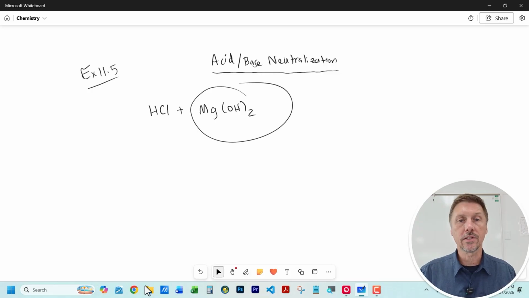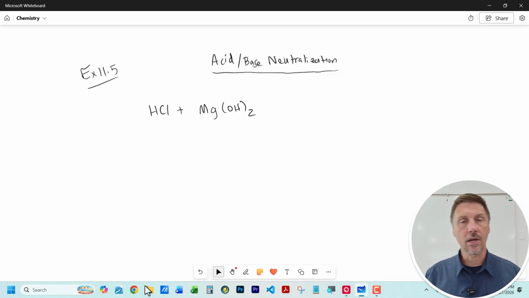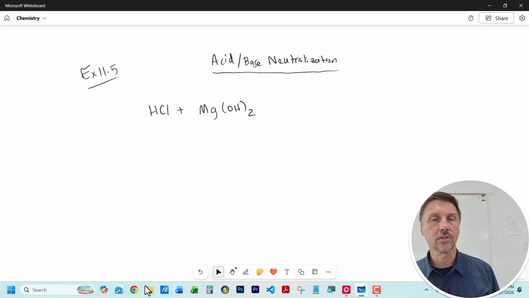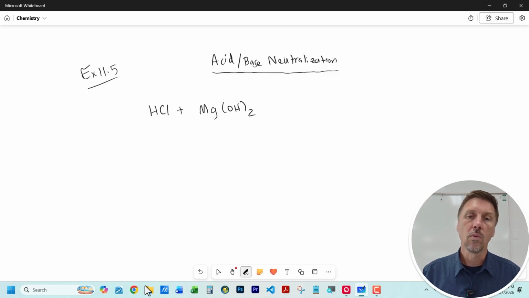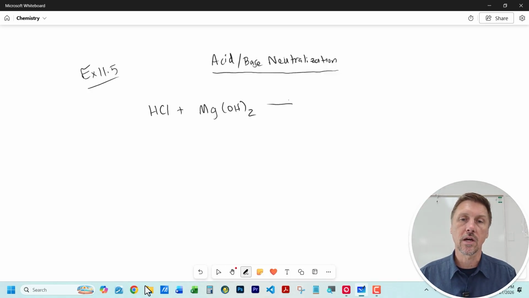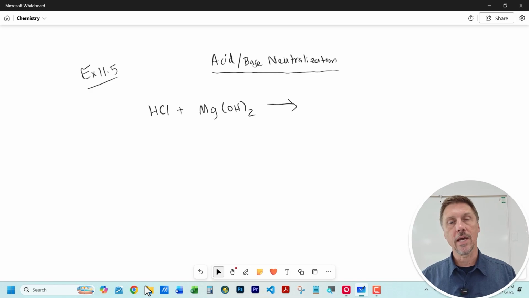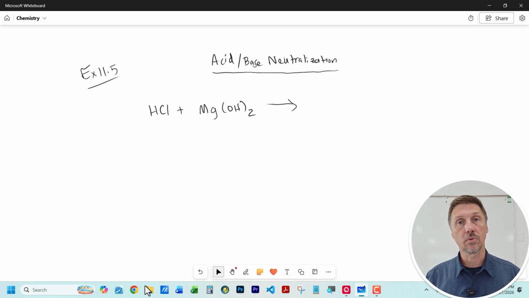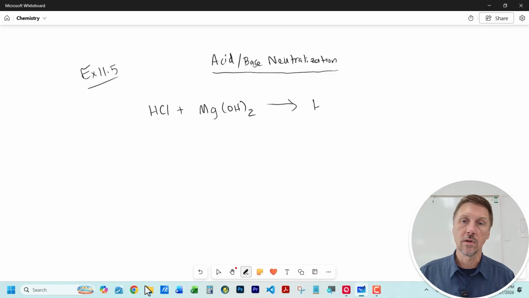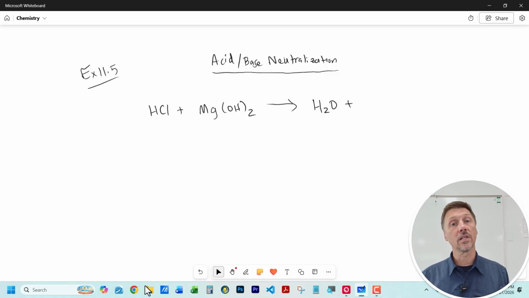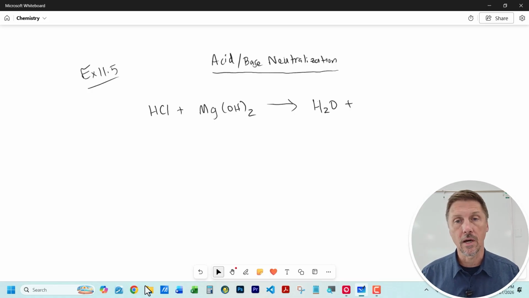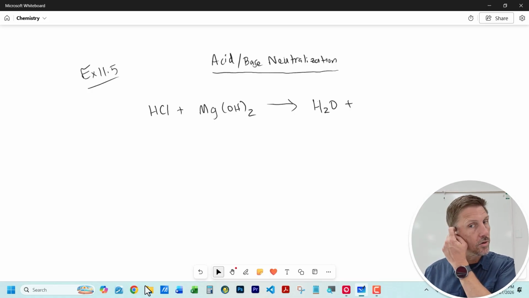And we notice this is an ionic base, and we just got through doing some problems in a previous video where we discovered that when you have an acid react together with this ionic base, it produces water and it produces a salt. And what is a salt? A salt is the ionic compound that's formed from whatever's left over when the water is produced.